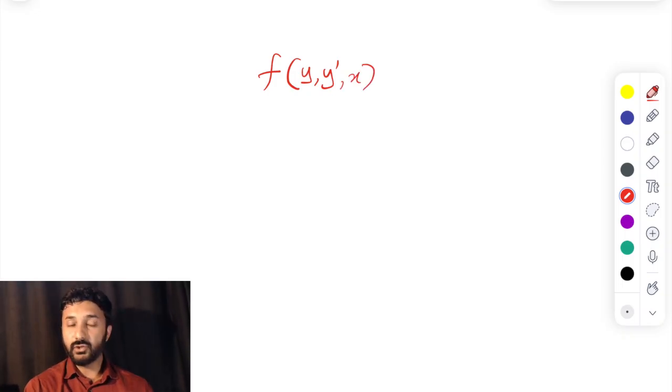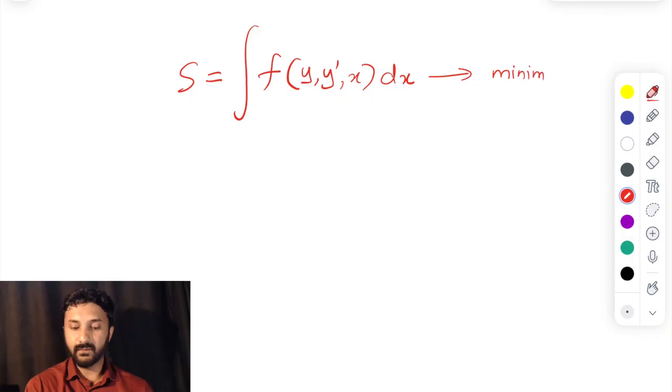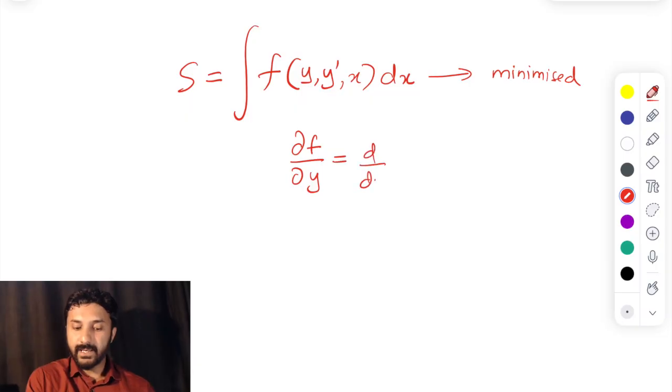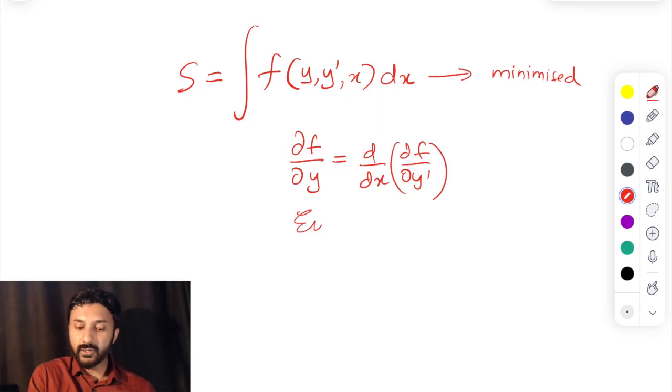We used a method which belongs to what is known as the calculus of variations, and we found out what this integral is, and we basically minimized this integral. And in minimizing this integral, we arrived at a condition, an equation that looks something like this: dou f by dou y equals d by dx of dou f by dou y dash. And this equation, we called it the Euler-Lagrange equation.